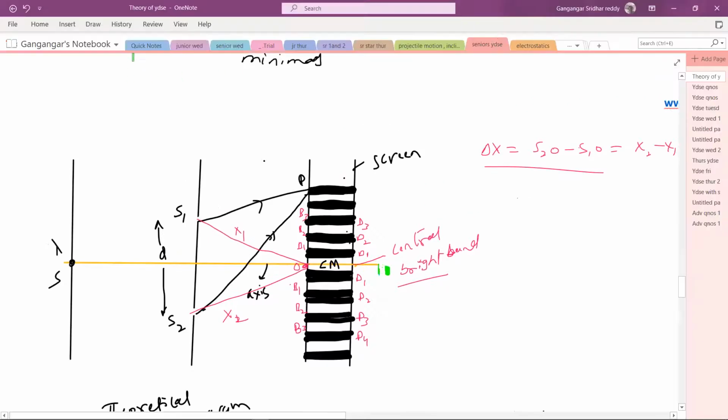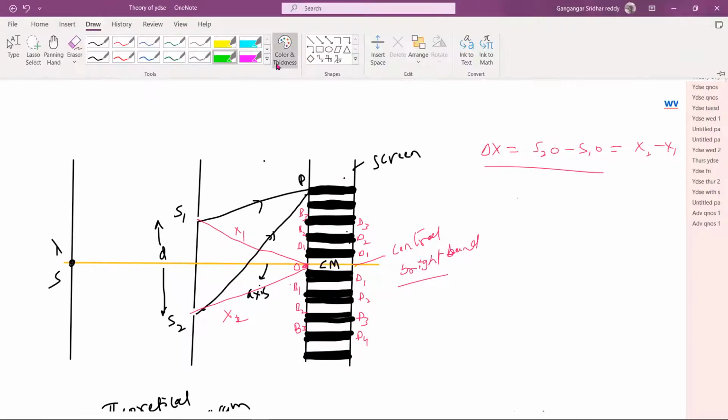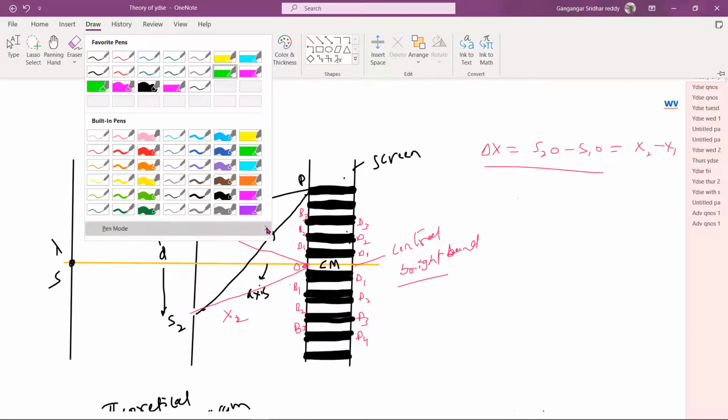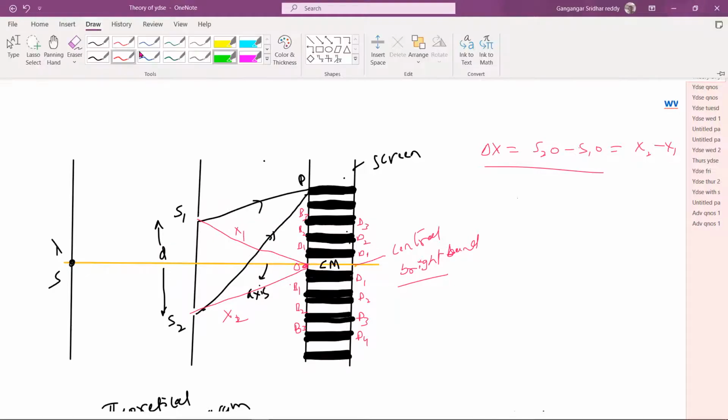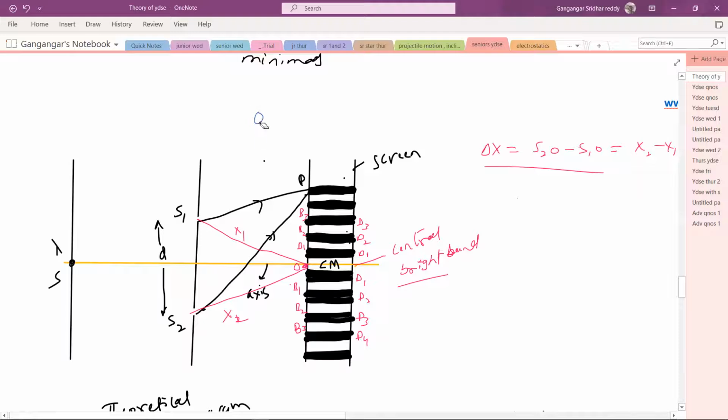I'll write some set of equations. Now the intensity due to slit 1, let it be I naught. So the intensity at the central maximum will be 4 I naught.